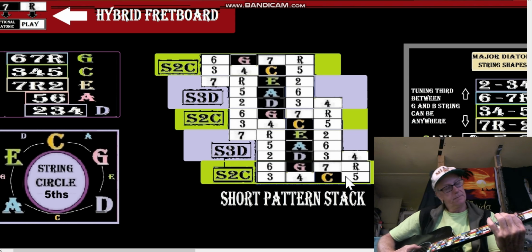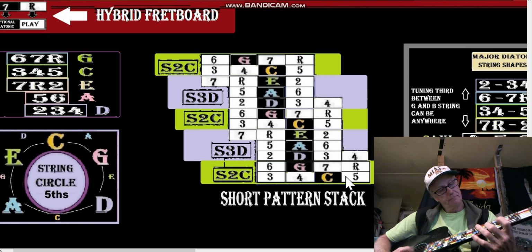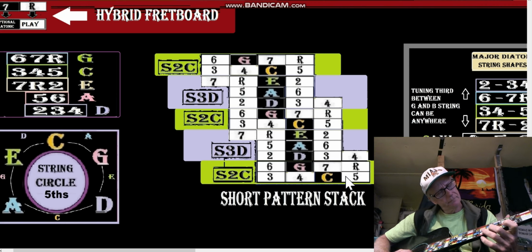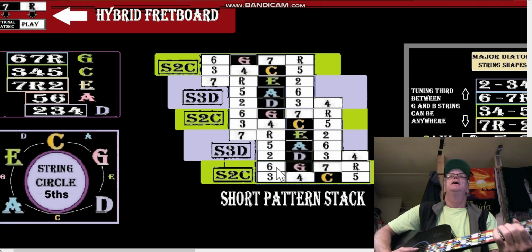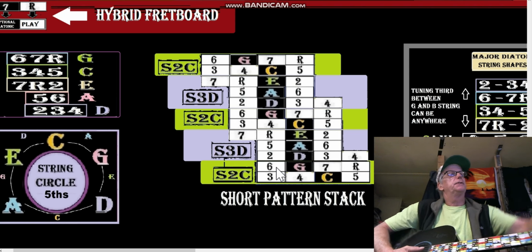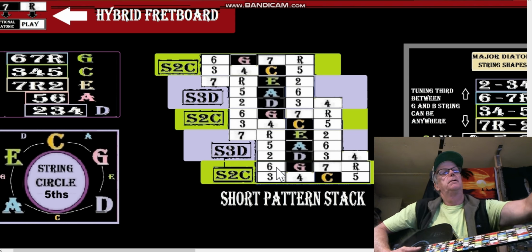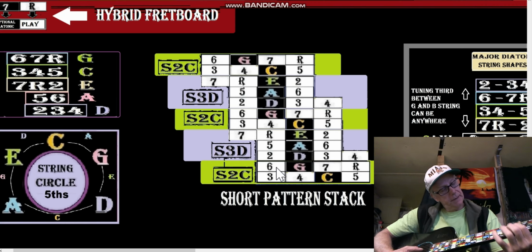Okay, and then the 6, the second string, could be looked at as an Aeolian scale.